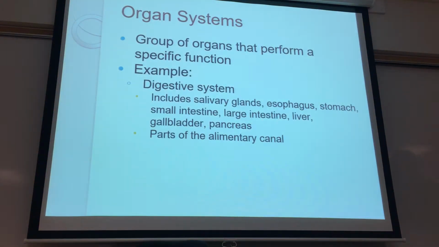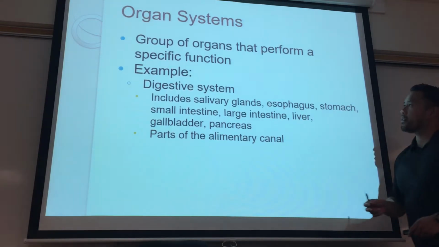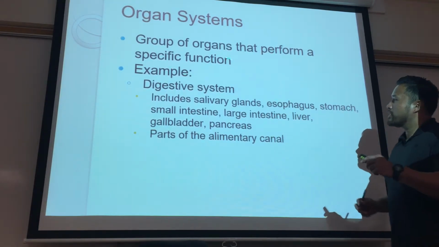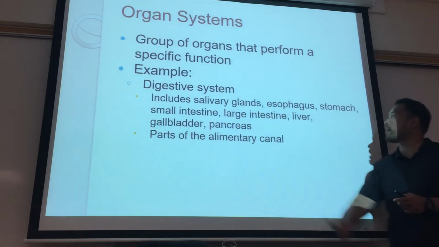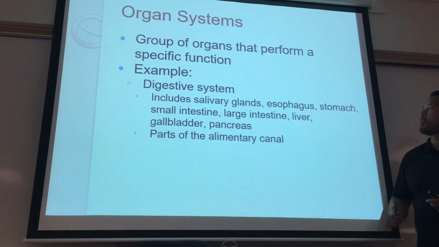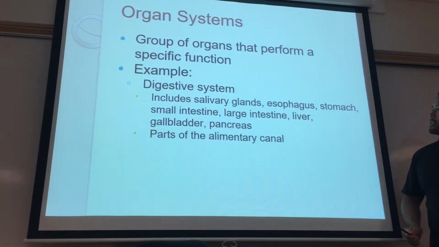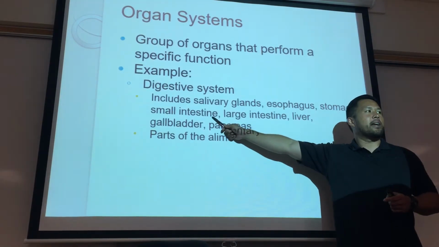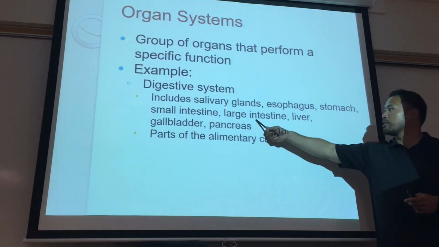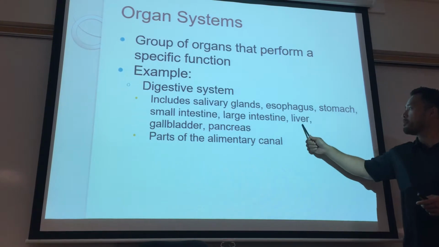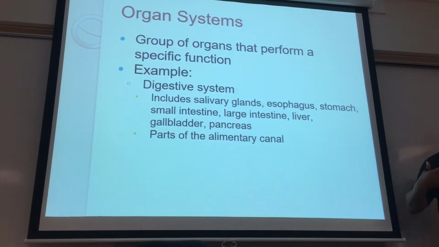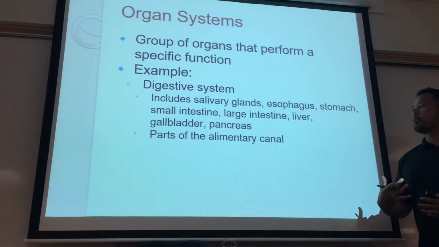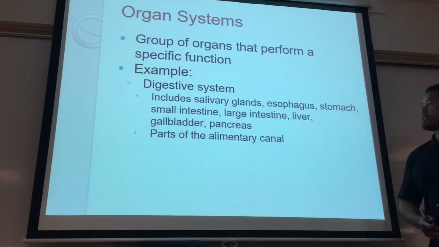So now that you see the stomach digesting, you'll see all the other organs that come together as part of that organ system, specifically the digestive system, that all work together. So the salivary glands for the production of saliva, you'll see the esophagus for sending the food from the mouth down over to the stomach, small intestine for continued digestion and absorption, large intestine for absorption, liver, gallbladder, pancreas for the production of the other constituents that contribute to the digestion and absorption of our nutrients.